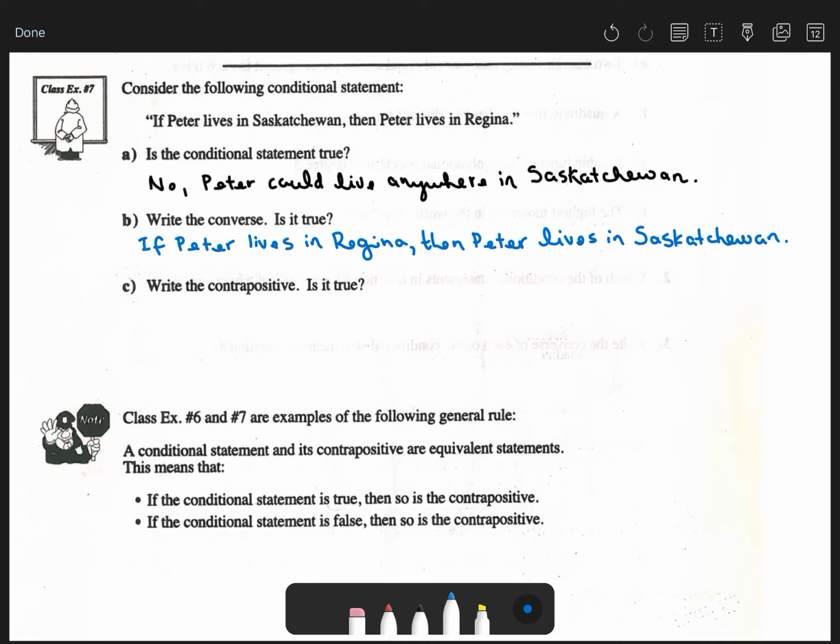All right, so there's the converse. Is this true? If Peter lives in Regina, then he lives in Saskatchewan. Okay, this is true, obviously, since Regina is in Saskatchewan.